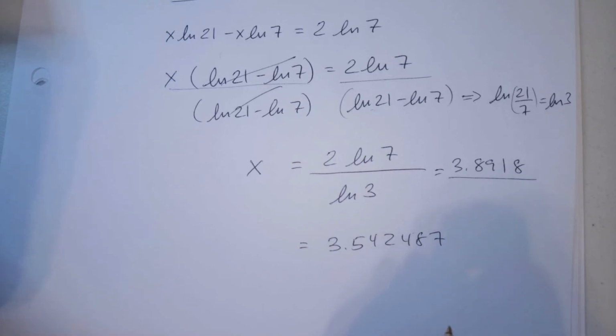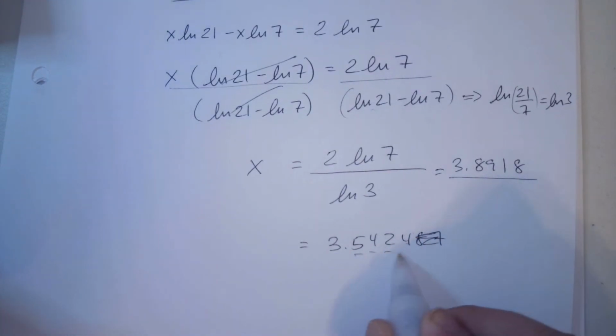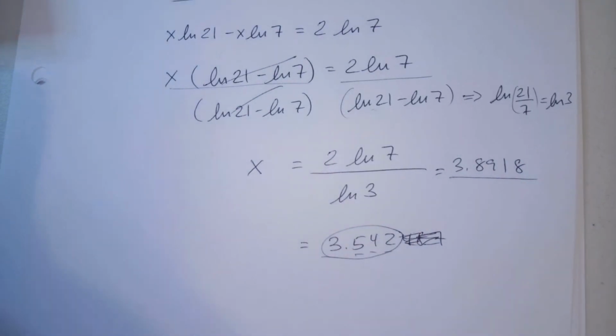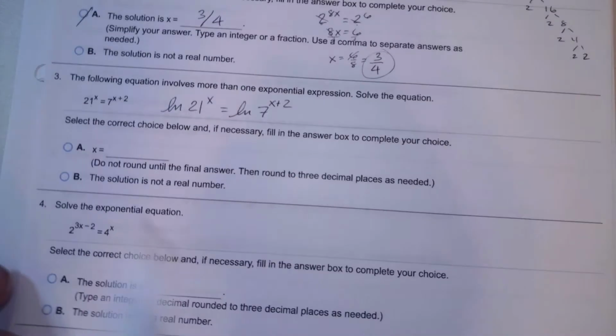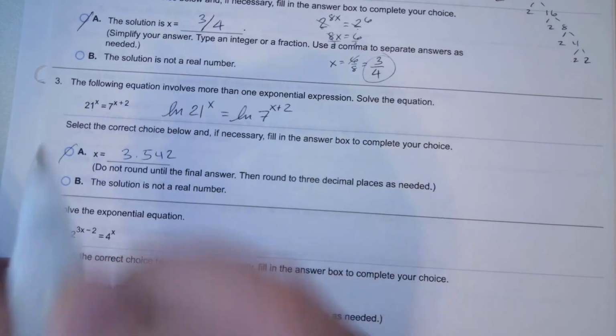How many places does it want? 3 decimal places. Since the fourth decimal place is a 4, it's between 0 and 4, just drop it. So there's your answer. Your answer is 3.542.